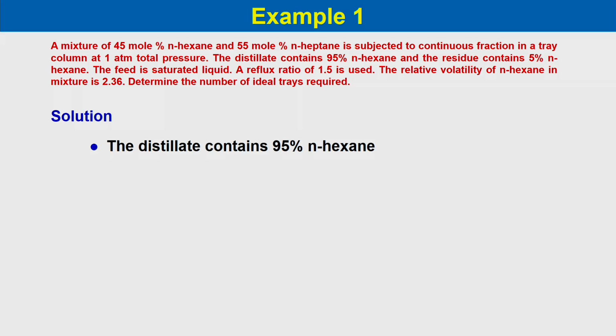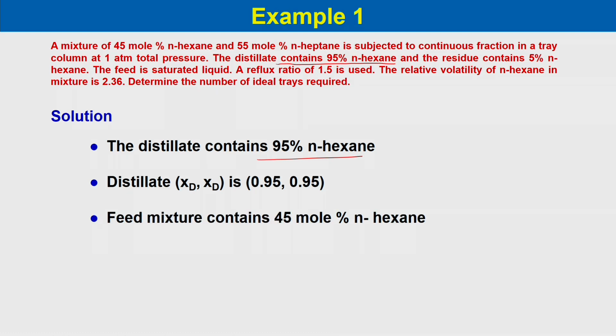So, let us start with the conditions which are given. The distillate is having 95% N-hexane, so the distillate composition, or the location, xD, would be 0.95. Feed mixture contains 45 mole percent N-hexane, so the feed condition is xF on the 45 degree diagonal, which is 0.45.